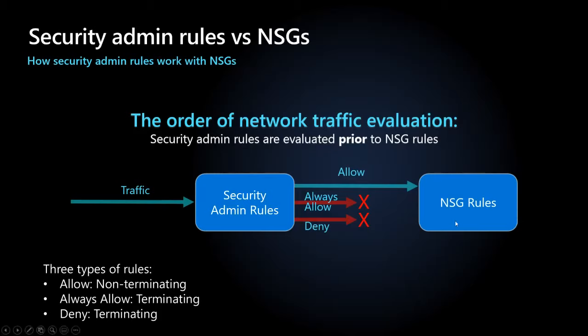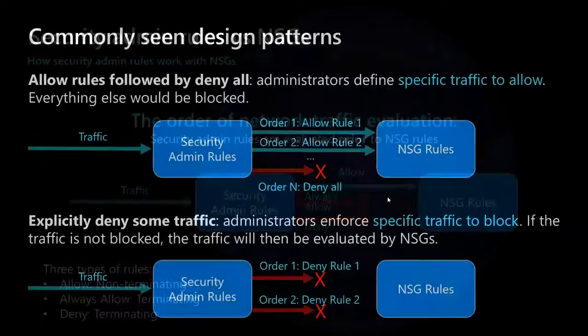Okay, but if you have some traffic, let's say hit by always allow rule, then automatically it's allowed without going to the NSG rules. And deny is the same as well. So this is the illustration of how this works.